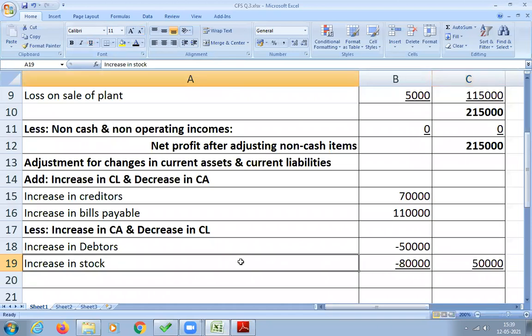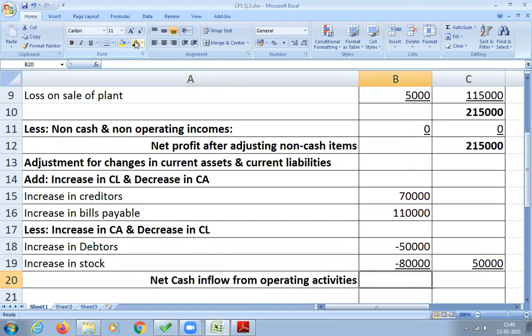Plus 50,000. Now we calculate cash flow from operating activities. Add 2.15 lakhs plus 50,000, that is 2,65,000. Is it inflow or outflow?